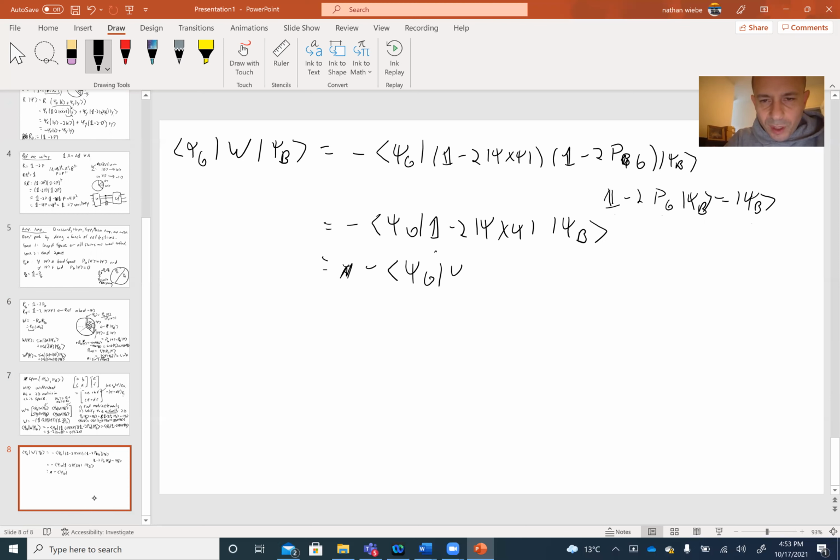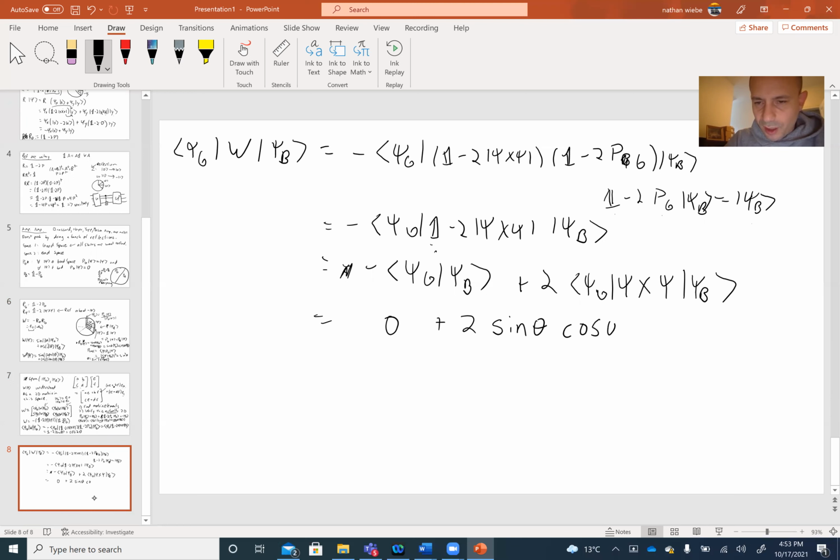Expanding this through, from the identity term we get the inner product of psi g and psi b plus 2 psi g psi times psi b, which of course is equal to 0 plus 2 sine theta cos theta, which of course is equal to sine 2 theta. And so there you have it.